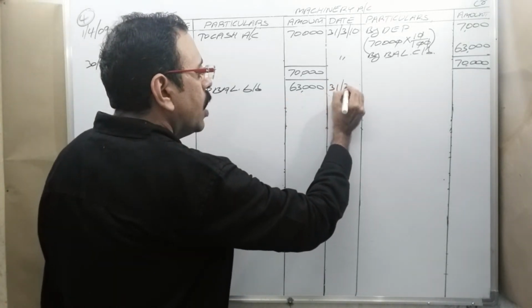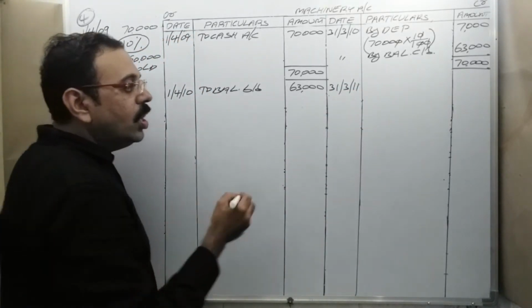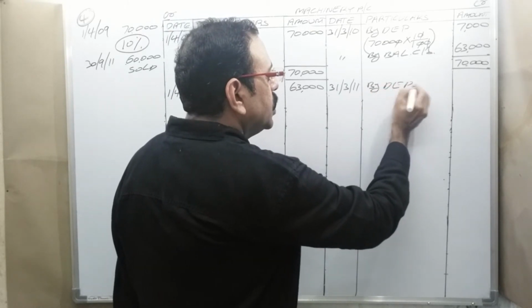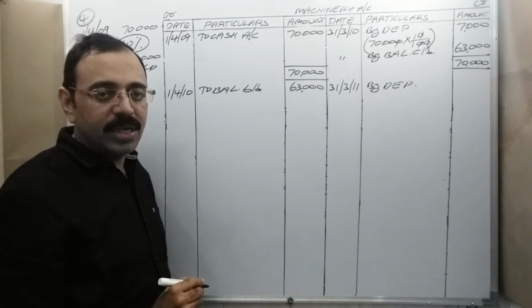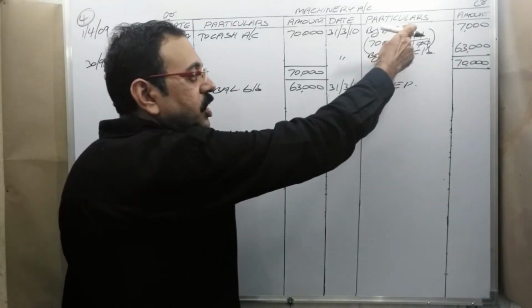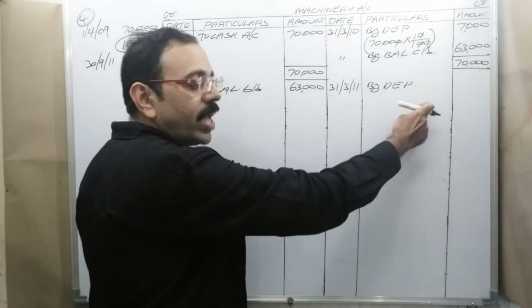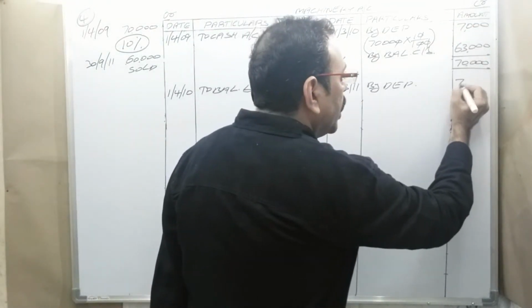31st March 2011. On that day, again we have to provide depreciation. Since this is the fixed installment method, every year the depreciation amount will remain the same, no? So for the second year we need not calculate the depreciation. The previous year's amount we can take.